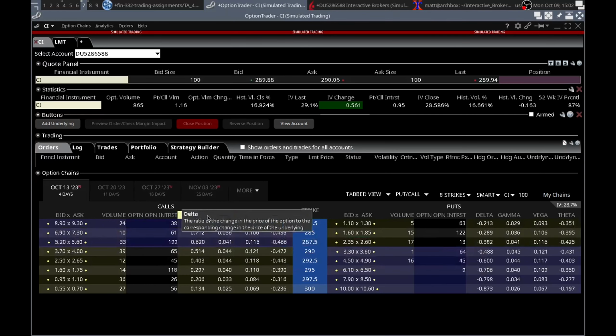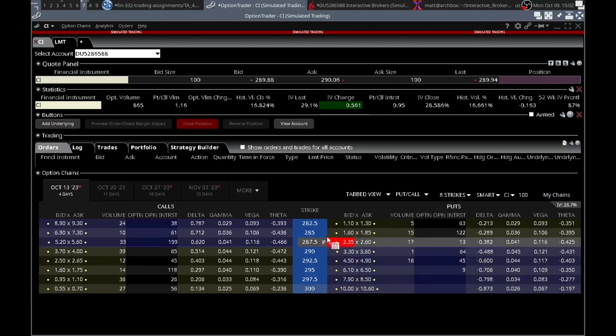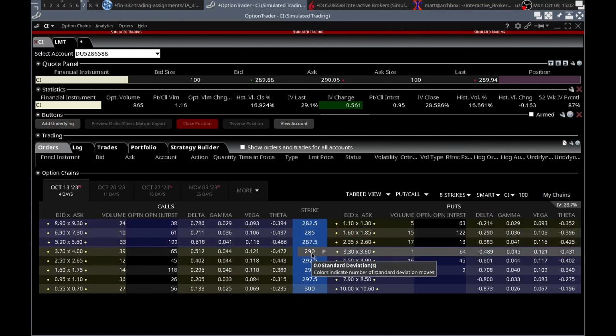I should mention, when you look at options, this is going to be call options, this is put options. These are the strike prices. So let's just take the 290 strike price call options expiring on October 13th, 2023. So 290 strike price calls. There are 65 in existence, 65 contracts. Now, let's say I bought one of these, right?